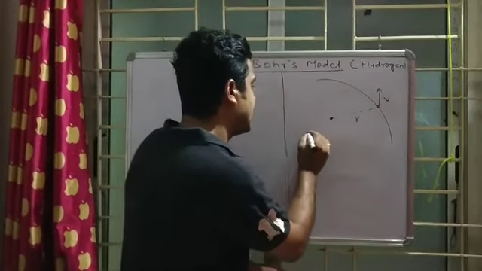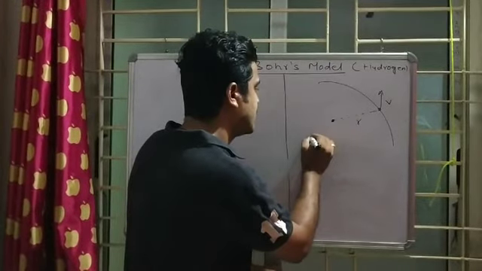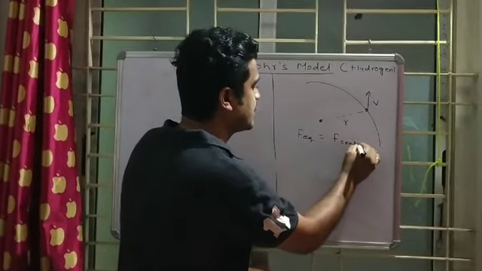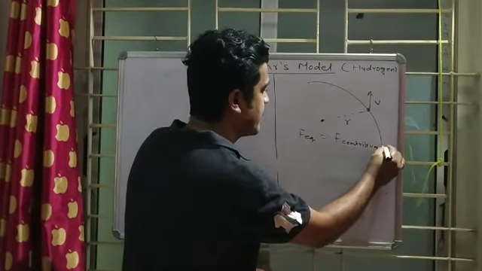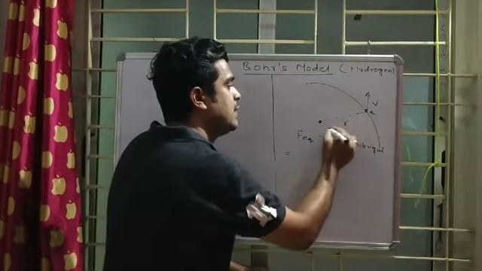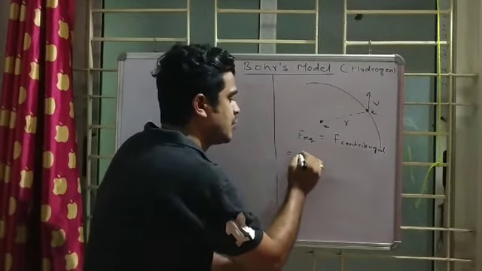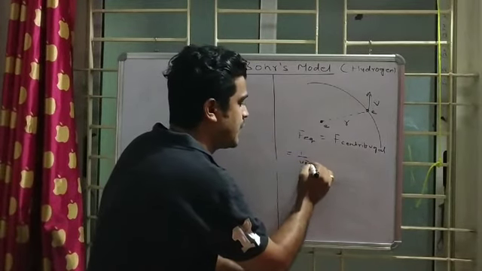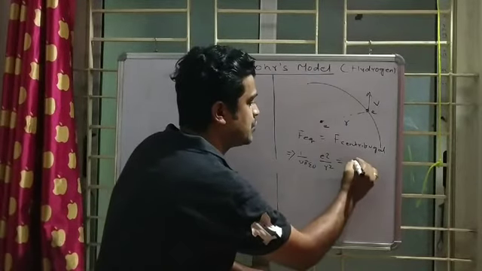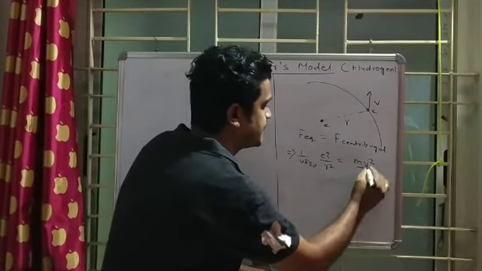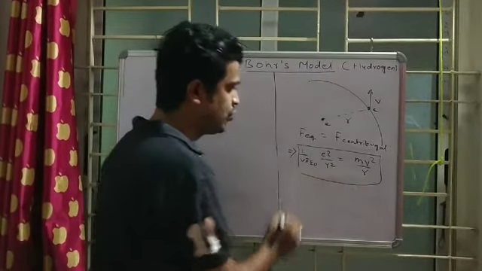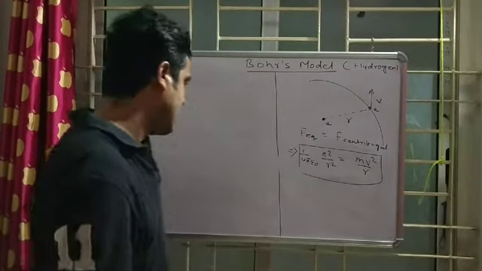So I can write: electrostatic force equal to centrifugal force. Electrostatic force is 1 by 4 pi epsilon 0 e square upon r square. This force equals mv square upon r. So this is the basic equation. Both forces are equal, and from this I will get everything.